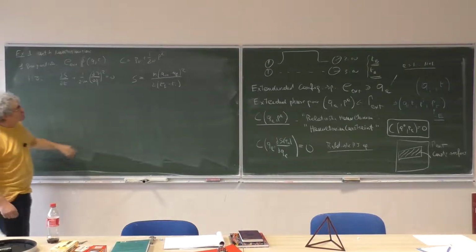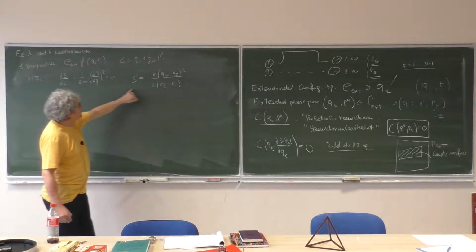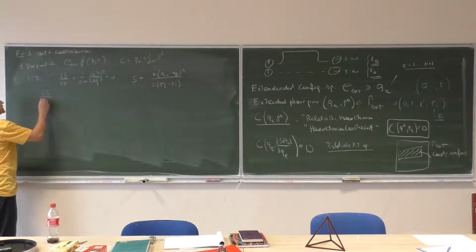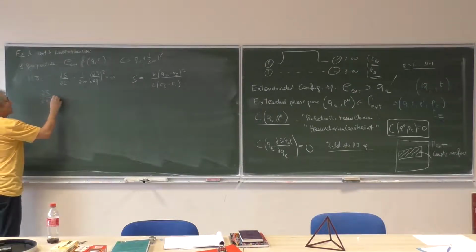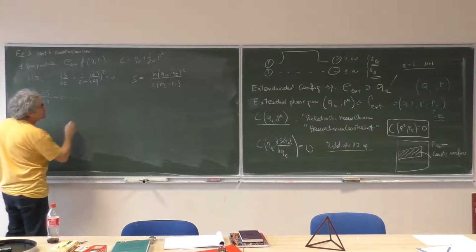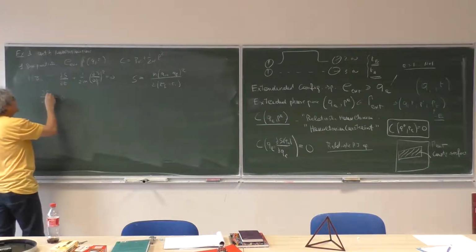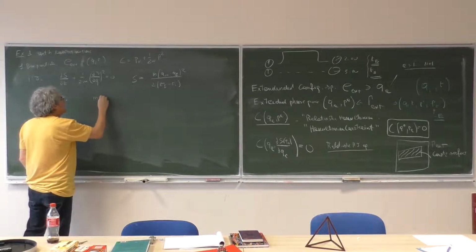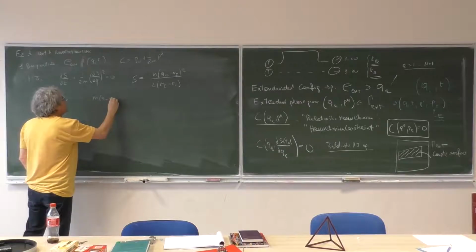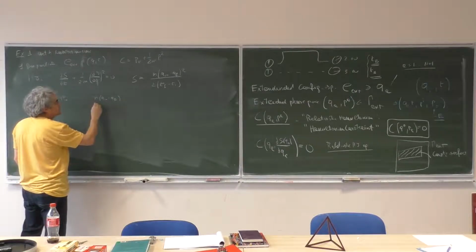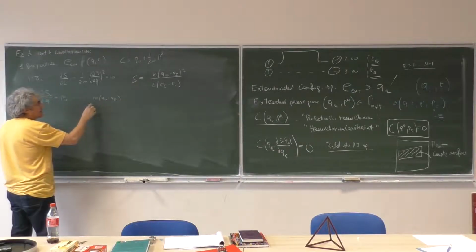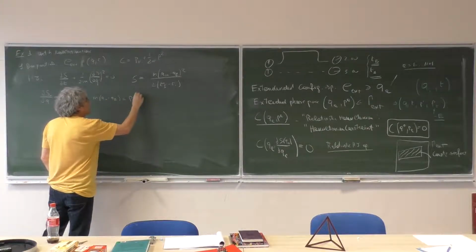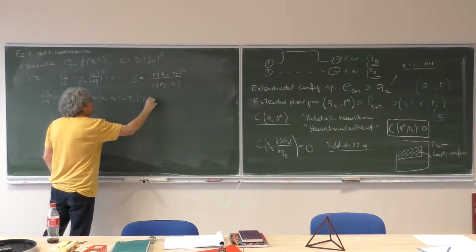And of course, from here you get immediately the solution of the equation of motion, because if you write dS over dq_initial equal to p initial, you get m (q initial minus q final), the 2 cancels with the 2 down, divided by t final minus t initial, equal to p_i.